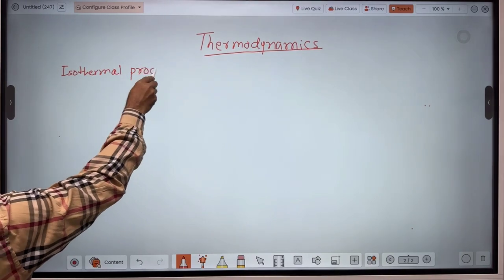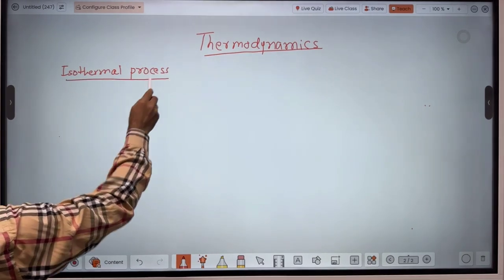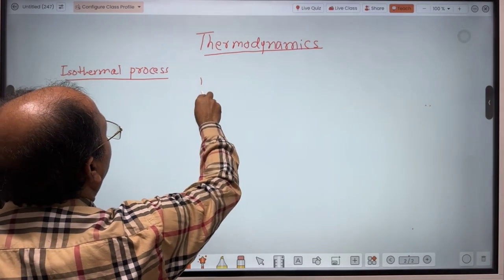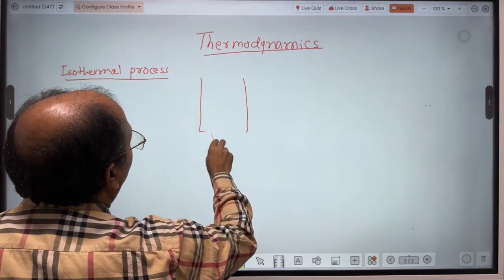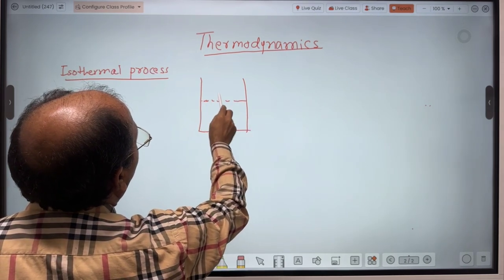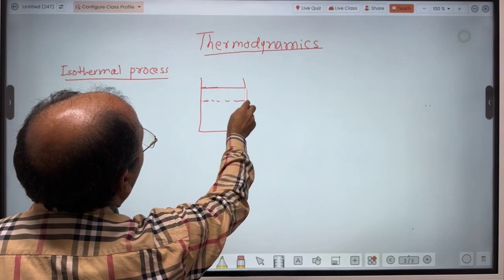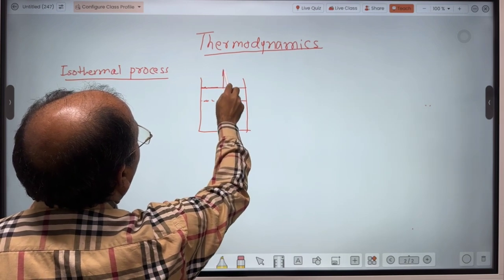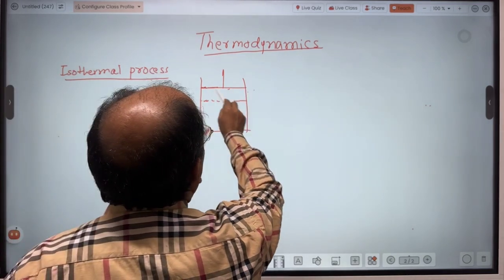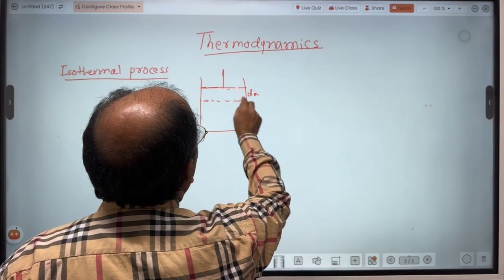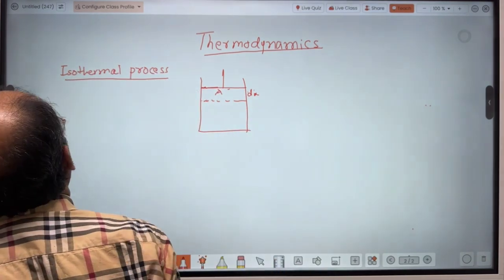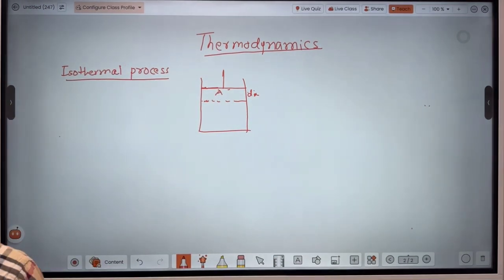Here we will try to find the expression for work done by an isothermal process. So we consider a box in which this is the position of the piston initially and now it moves to this point, and here this is the position of the piston and this distance say dx and the area of the piston is say A. So work done will be area into distance moved, so that is A dx.